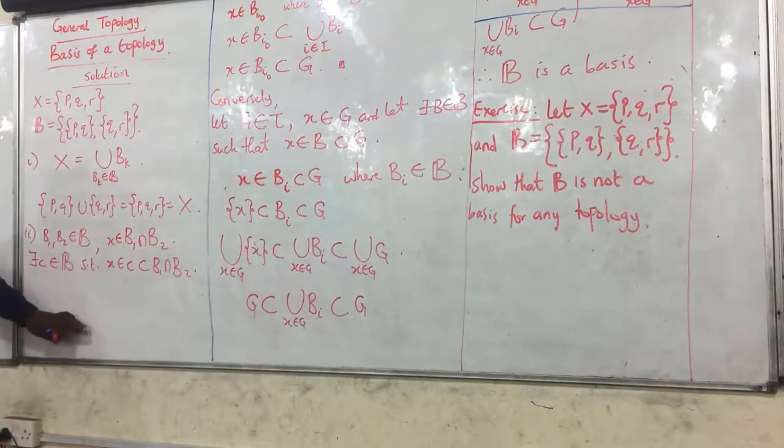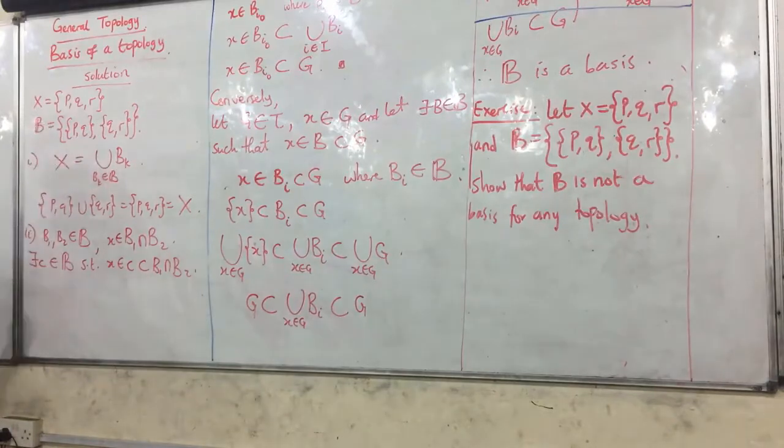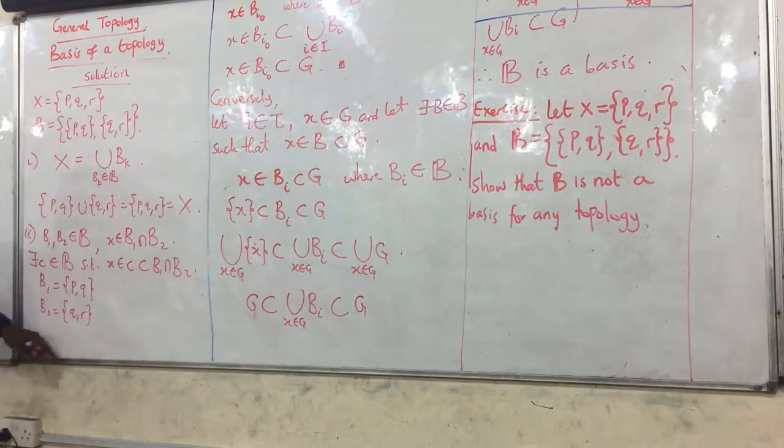This is the second definition I gave you on that basis. Now, I want to use this one on it. Let's pick two elements from the basis. Let B1 be equal to PQ, and let B2 be equal to QR. Are you getting my point?